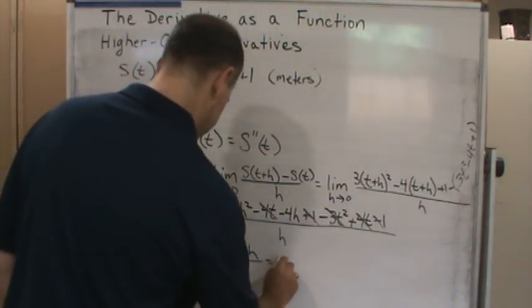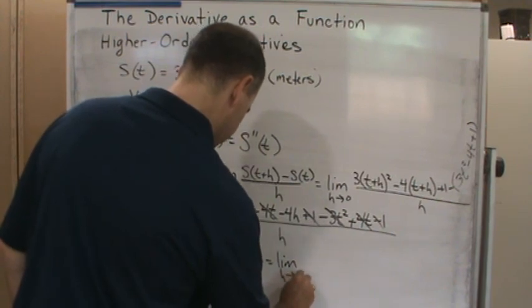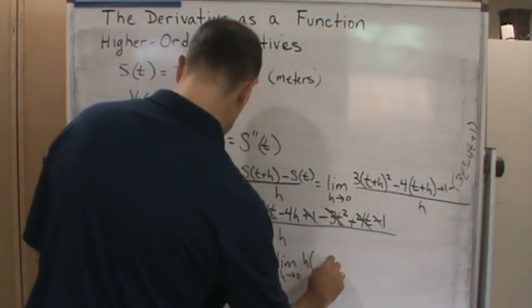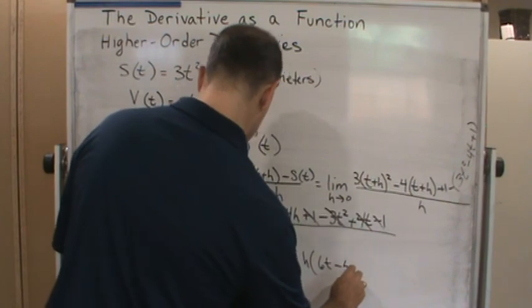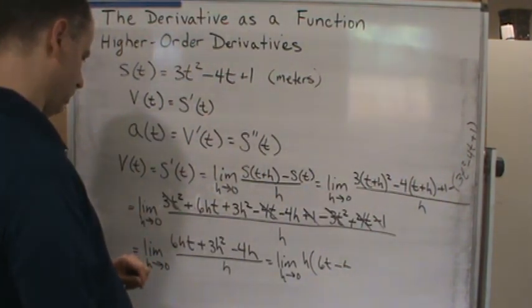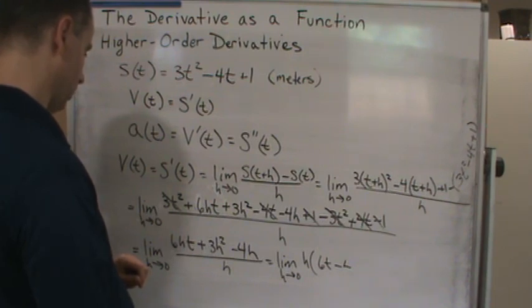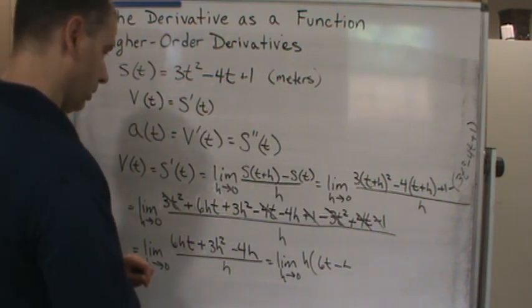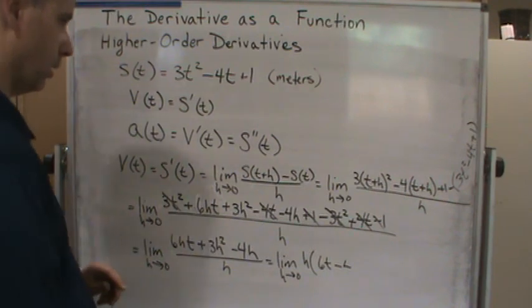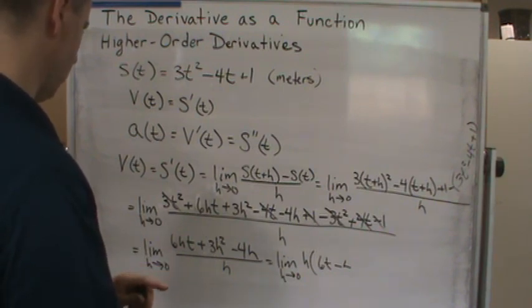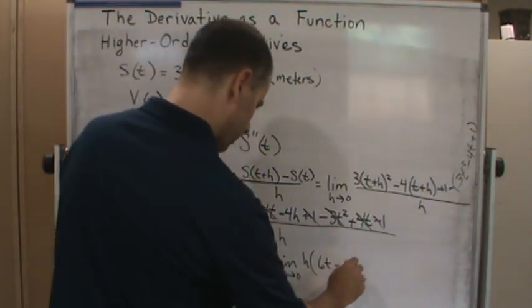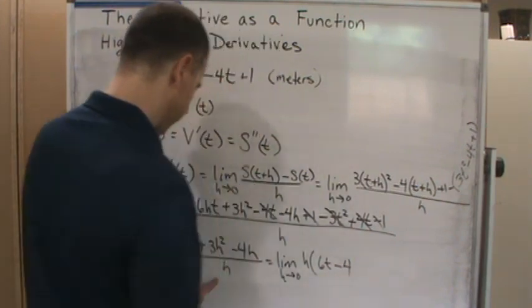And now we're going to factor out h on top, so that's the limit as h approaches 0 of h times, and what's left over is 6t minus 4 plus 3h, over h.